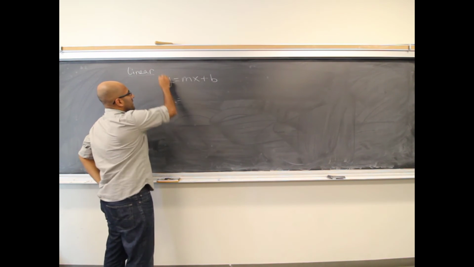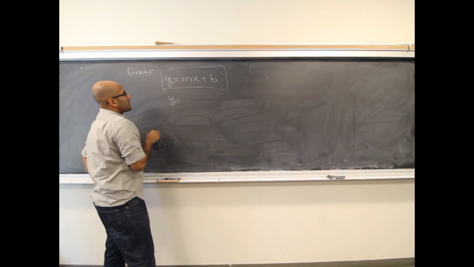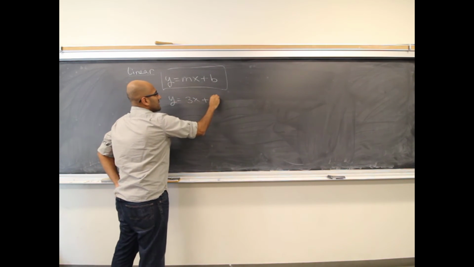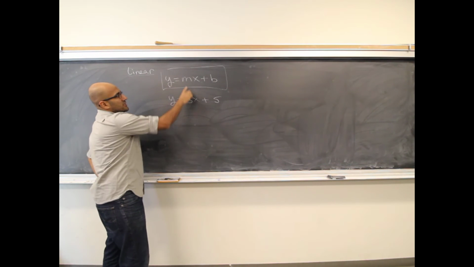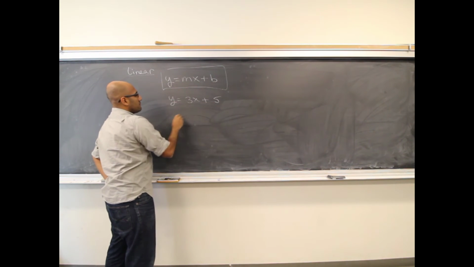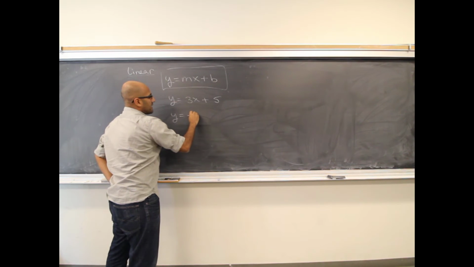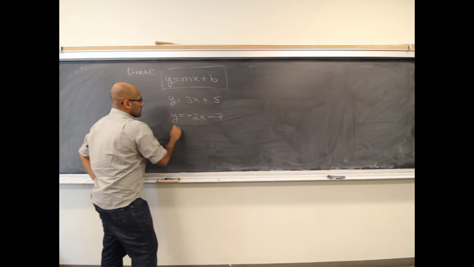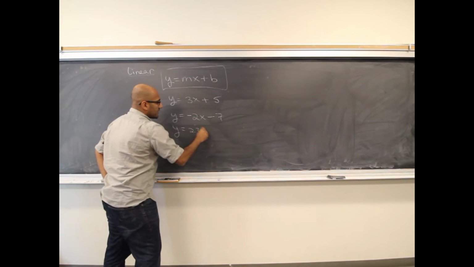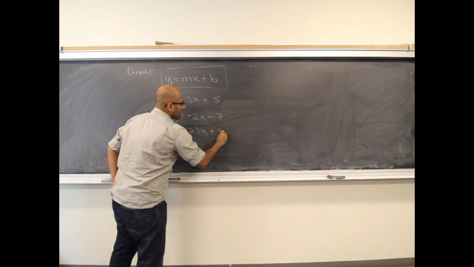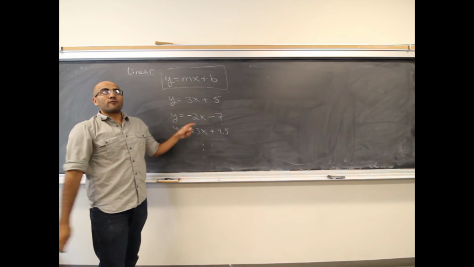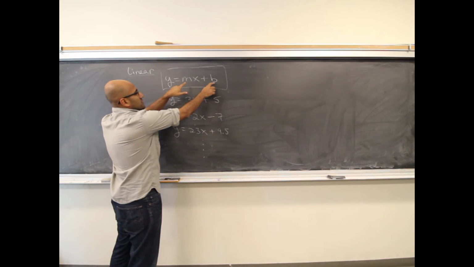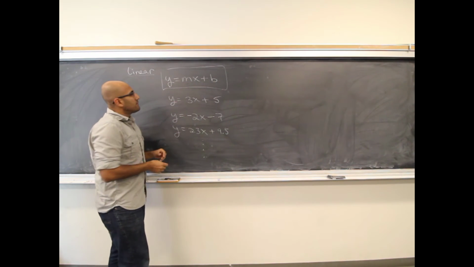So examples of this general form are when m is 3 and b is 5, or y equals -2x minus 7, or y equals 2.3x plus 9.5, and so on and so forth, right? So there are all kinds of examples of linear equations we can come up with where all we do is change the m and the b, okay?